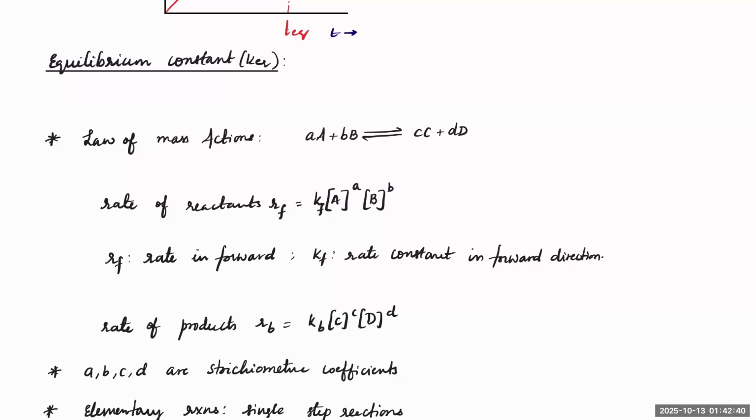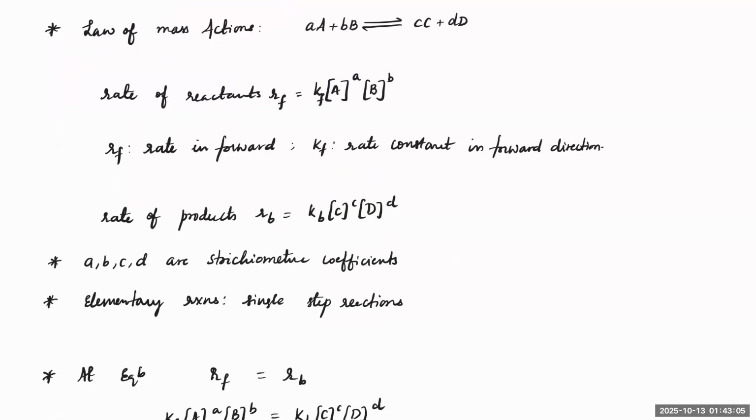Rate in the forward direction is equal to k forward, a rate constant, into [A] raised to the power of a and [B] raised to the power of b. So this is the rate in the forward direction, and kf is the rate constant in the forward direction.